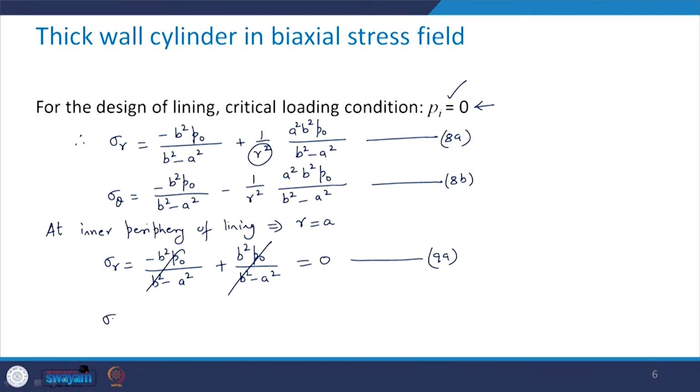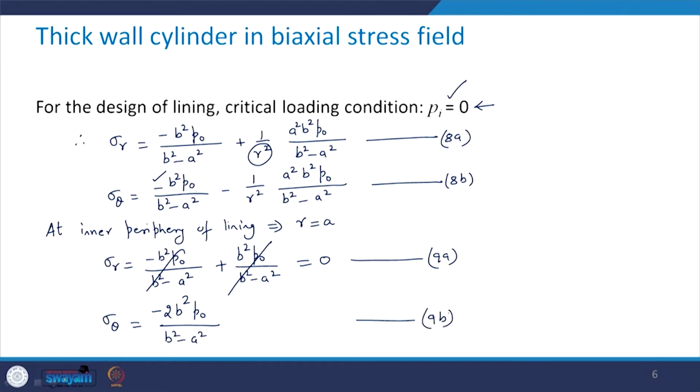And your sigma theta will be, see this is minus b square P naught upon b square minus a square, and the same thing will be here. So, I can write down simply minus 2b square P naught upon b square minus a square. That is 9b.